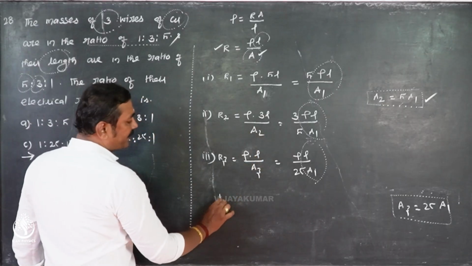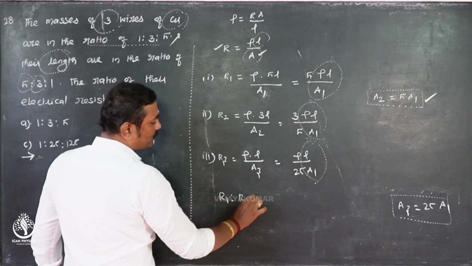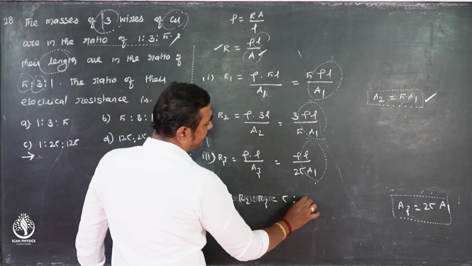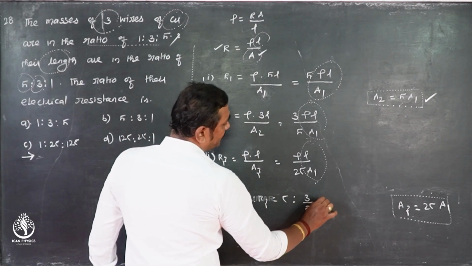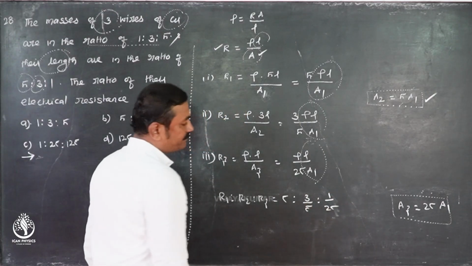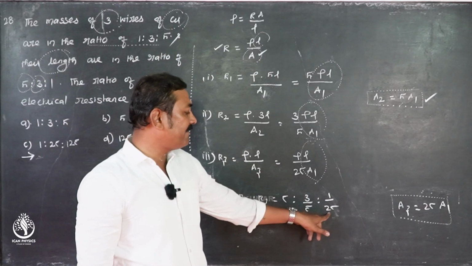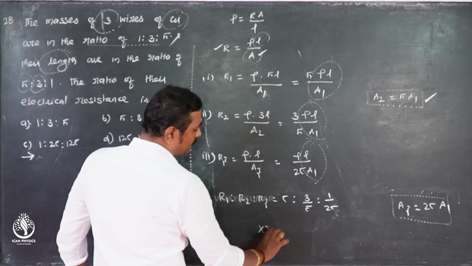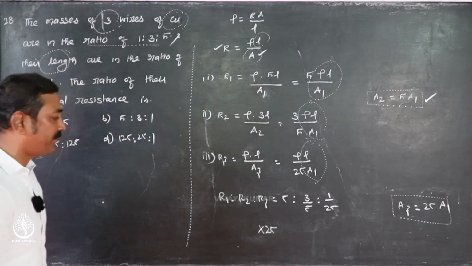So when we are going for the ratio, R1 is to R2 is to R3, so 5 is to 3 by 5 is to 1 by 25. In the denominator we are having 25, so all the values are multiplied by 25.